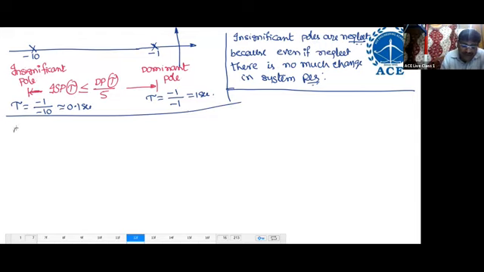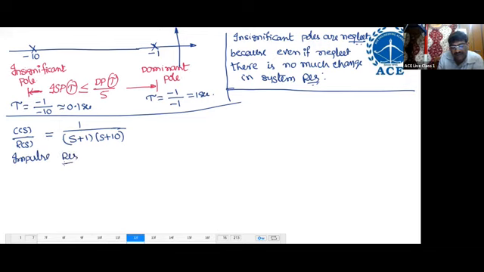For example, consider C of S by R of S equal to 1 by S plus 1, S plus 10. First I consider both the poles. System response means impulse response. You have to find the impulse response.